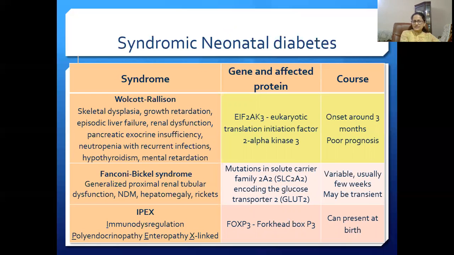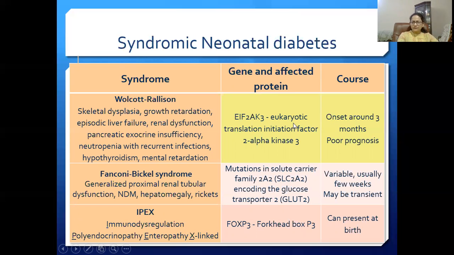Next, coming to syndromic neonatal diabetes. As I mentioned earlier, the most common type is Walcott-Rallison syndrome, and it is especially common in babies born out of consanguineous marriages. This syndrome is characterized by several features, the most important being skeletal dysplasia, growth retardation, episodic liver failure, renal dysfunction, pancreatic exocrine insufficiency, neutropenia with recurrent infections, hypothyroidism, and mental retardation.